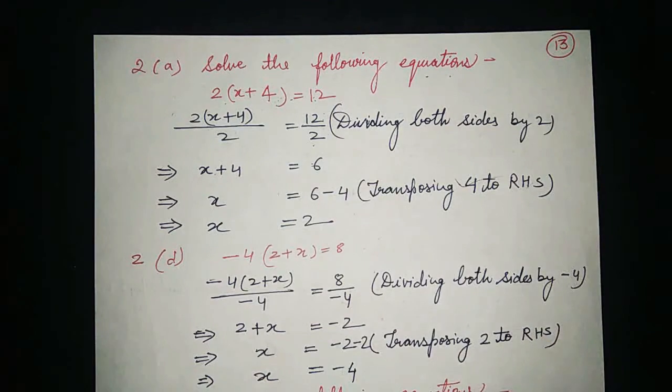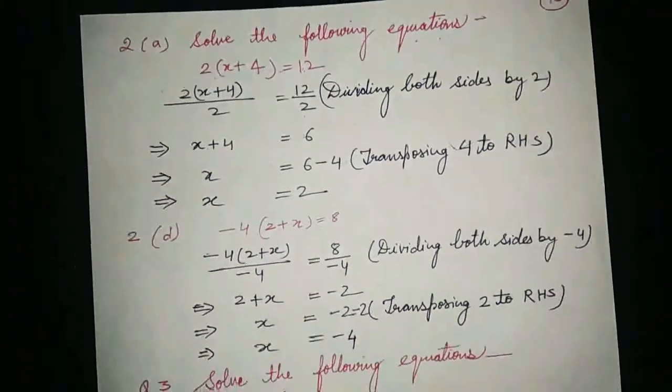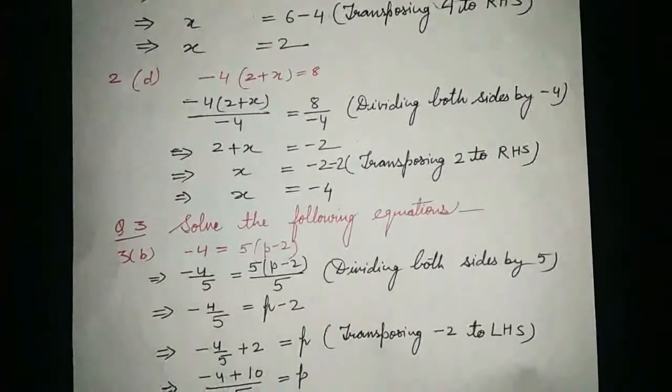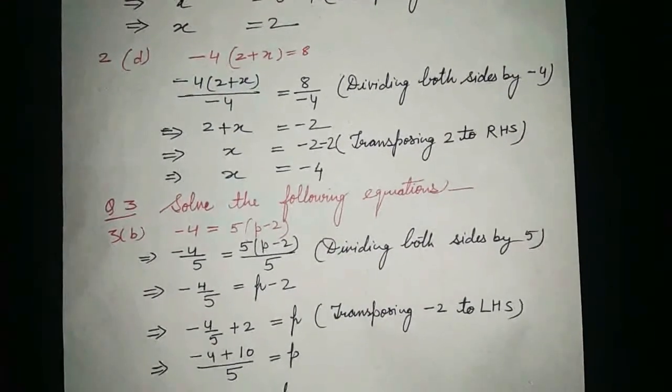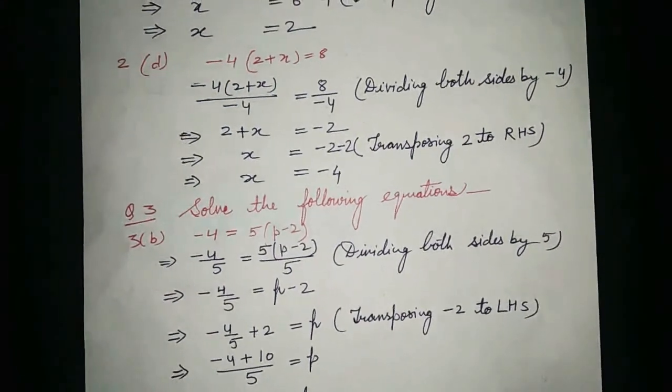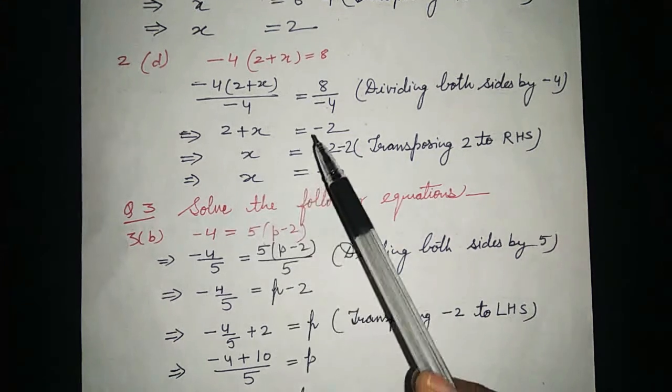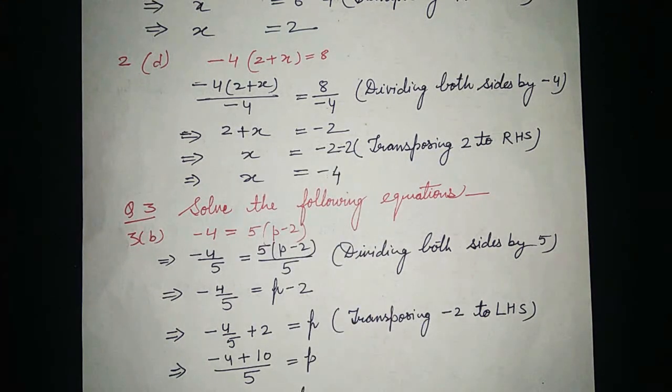Okay. Now see the D part of question number 2. D part is minus 4 into 2 plus x is equals to 8.